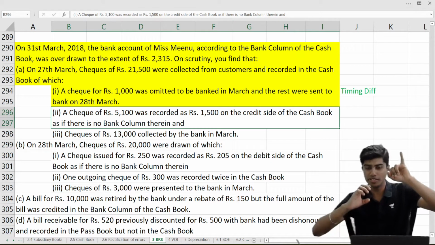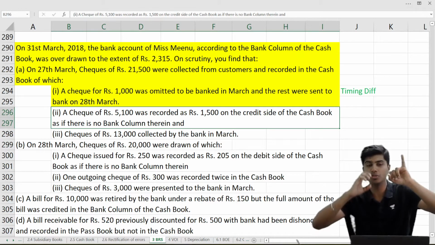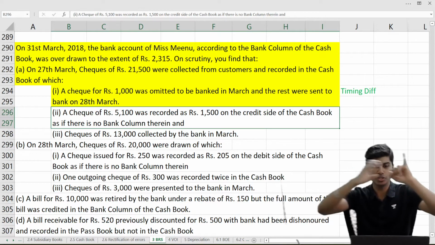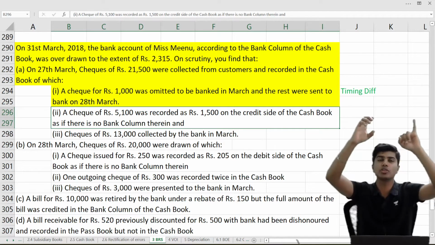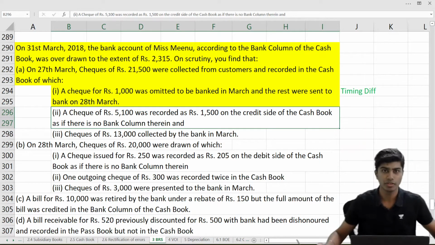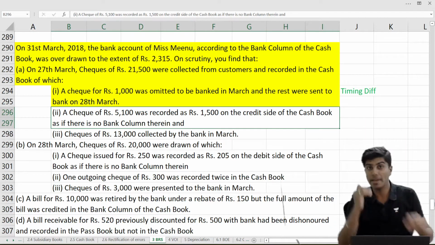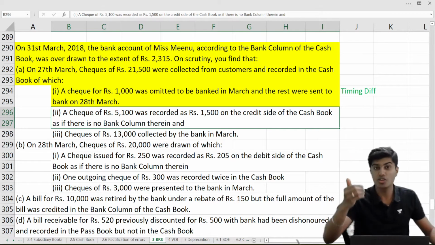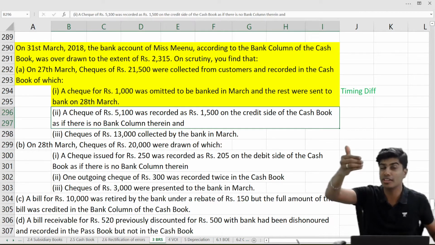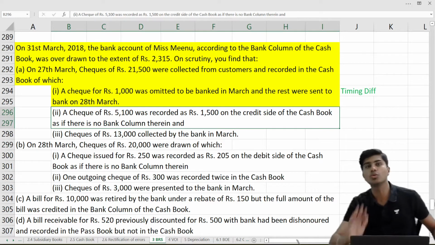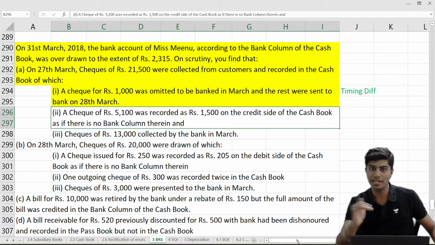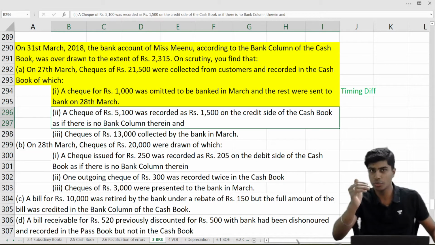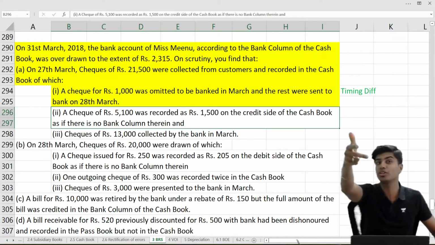So in order to compensate, I should increase my cash book by 1500 first to bring it to zero. Further, I should increase by 5100 to bring it on par. Cash book should have been plus 5100. Instead of doing plus 5100, they've recorded minus 1500. To nullify minus 1500 to 0, I would have to do plus 1500. To bring it to the right value, I should do plus 5100.